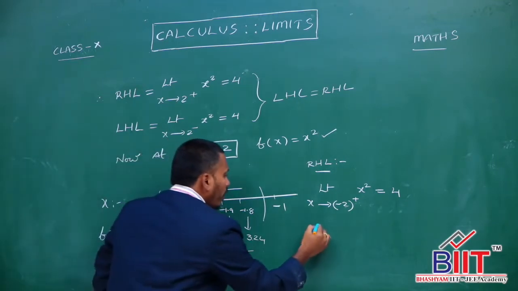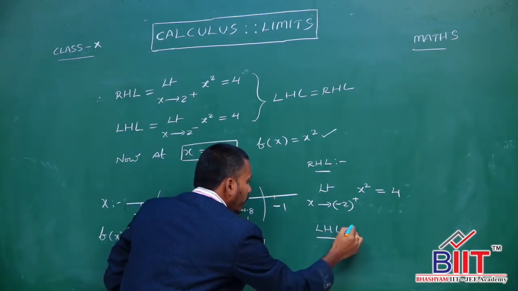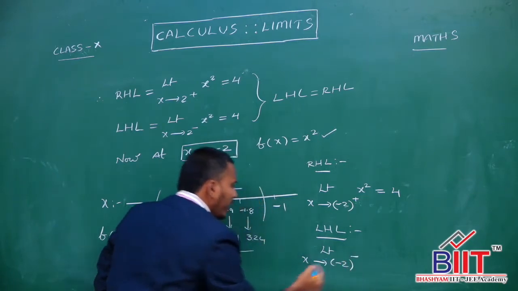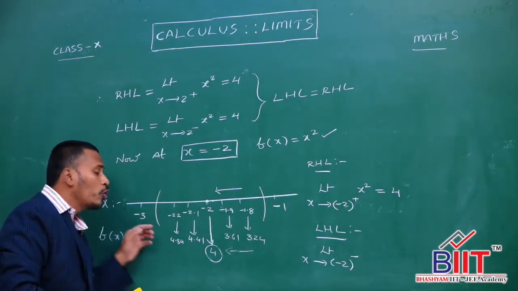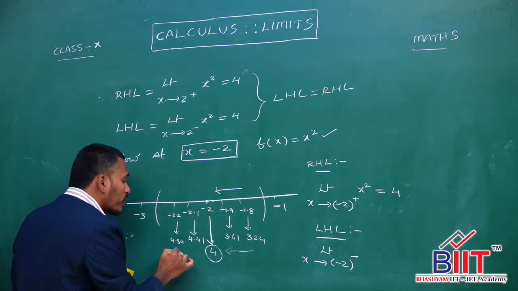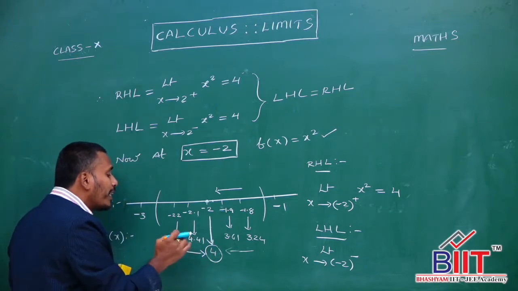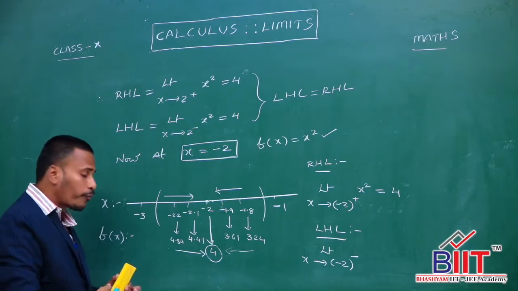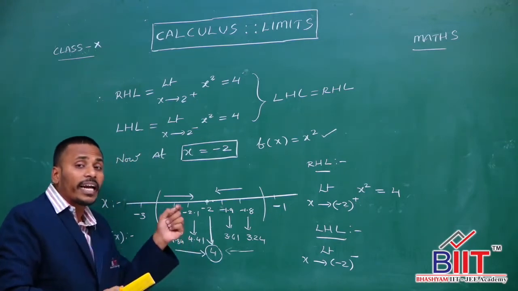In the same way, if you think about left hand limit, limit x tends to -2 minus. Here we are changing the values of x from the left side, and the values of f(x) are moving towards 4 and are a bit greater than 4. X is moving towards 2, f(x) is also moving towards 4, and these values are a bit greater than 4.